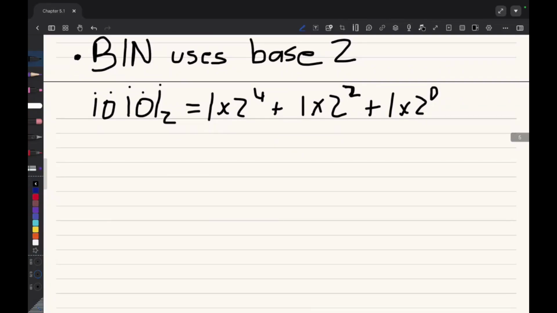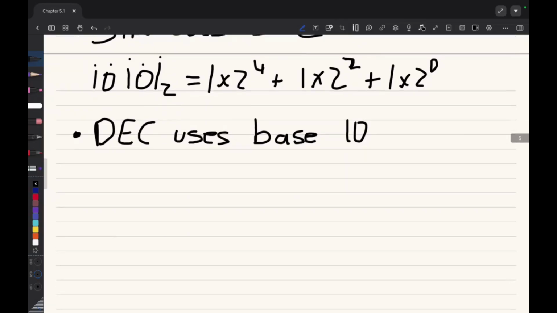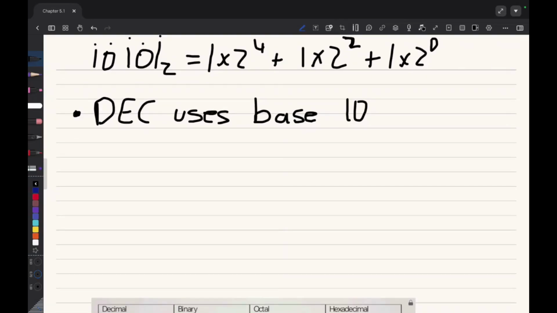And then we have the decimal. What do you call it? Yeah, the decimal system. The decimal uses base 10. Right. 379, for argument's sake, base of 10.